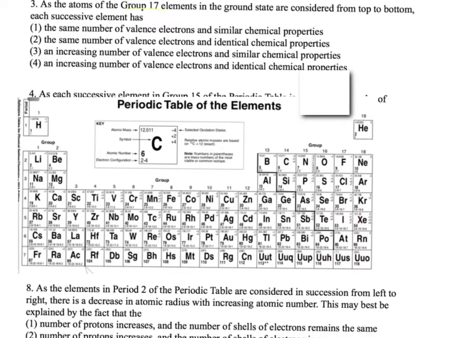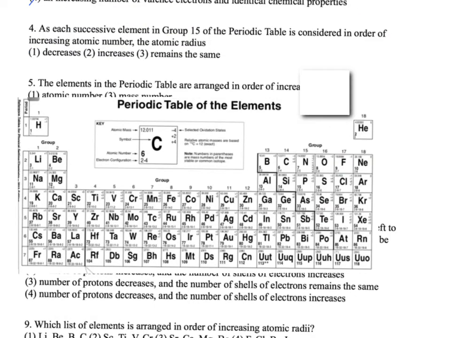So we have the same number of valence electrons. Now these elements have similar chemical properties. Chemical properties are determined by ionization energy and electronegativity. On table S, we can see that these elements all have similar ionization energies and electronegativities, so they have similar chemical properties.